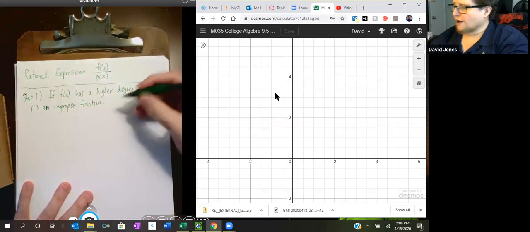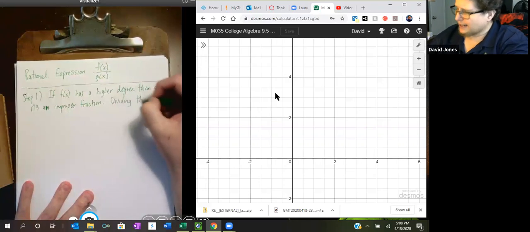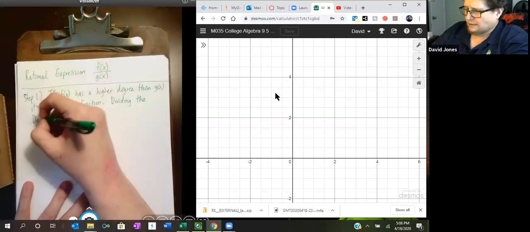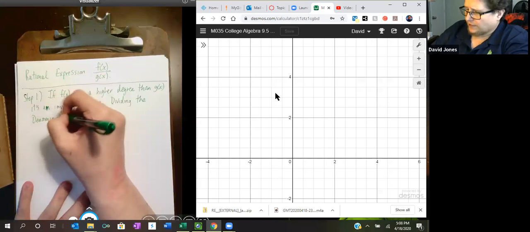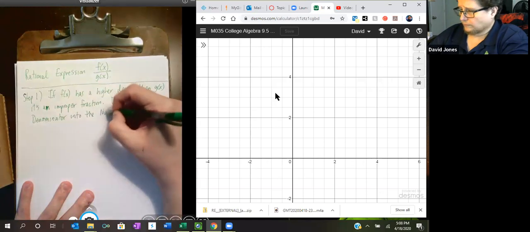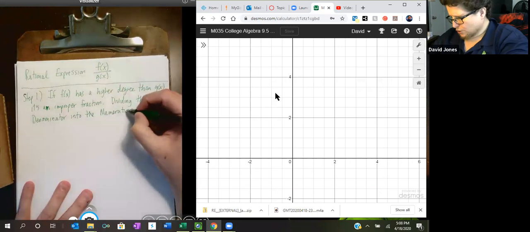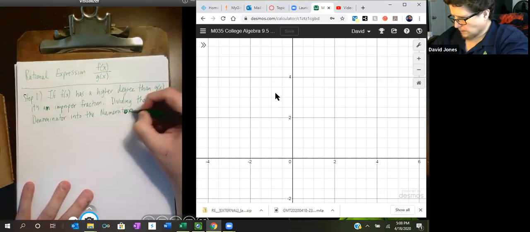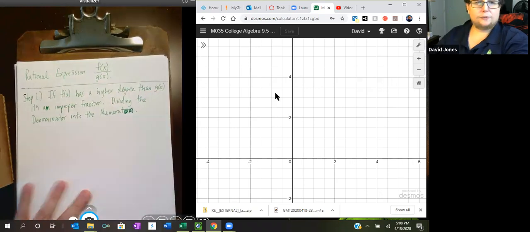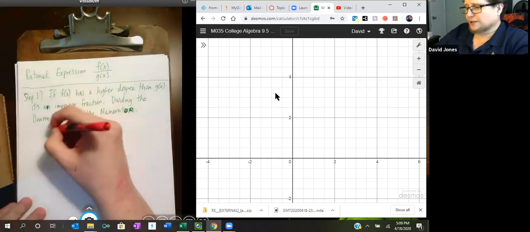And we're going to start off by dividing the denominator into the numerator. If you're lucky, if you can get it to work, synthetic division works.